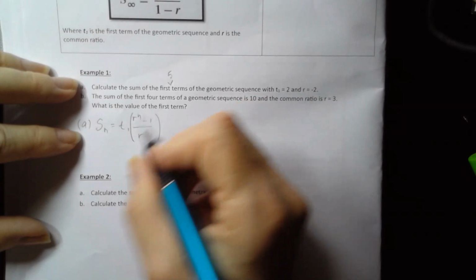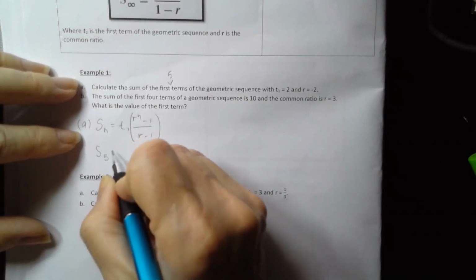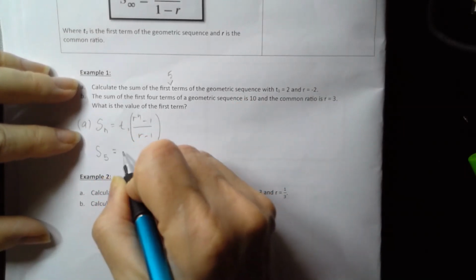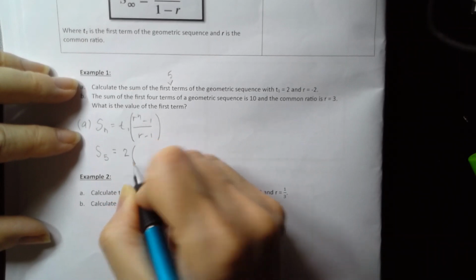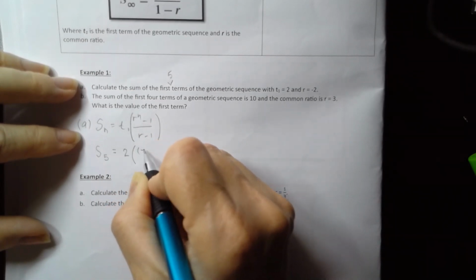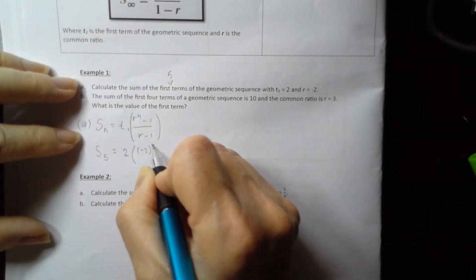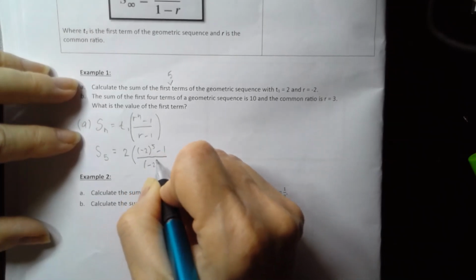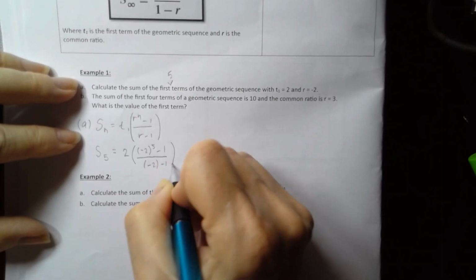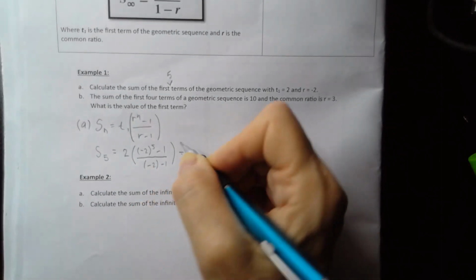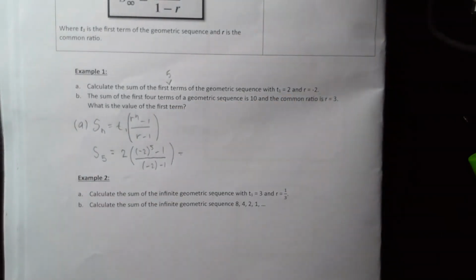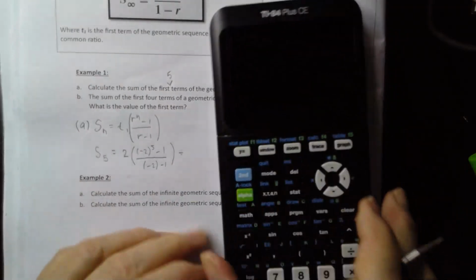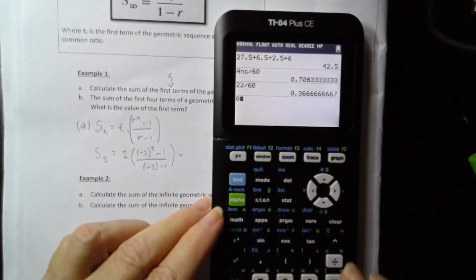So I'm going to say S sub 5 equals 2 times the bracket (-2, I have to put that in brackets, to the 5) minus 1, over -2 minus 1. Okay. I'll grab my calculator.